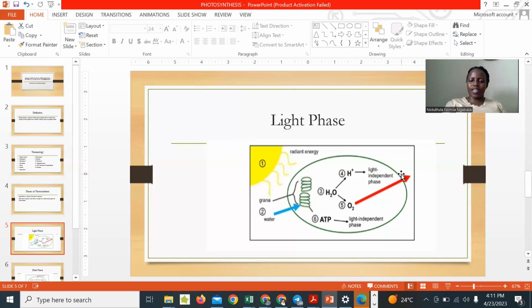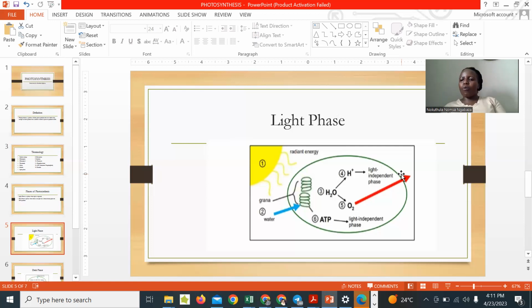I'll repeat again. We are simply saying that the energy-rich ion that is formed during photosynthesis, which is under number 4, is going to carry an ATP that is formed by phosphorylation.